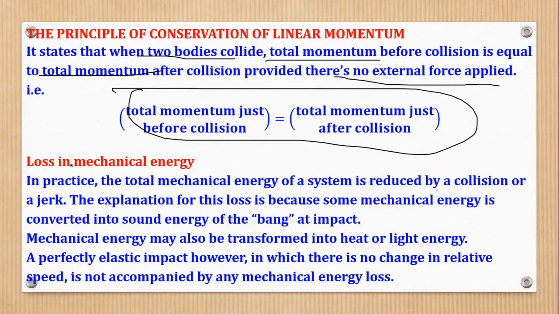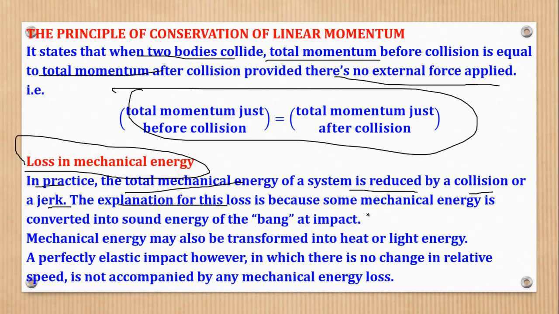During a collision, there is what we call loss in mechanical energy. In practice, the total mechanical energy of a system is reduced by a collision or a jerk. The explanation for this loss is that some mechanical energy is converted to the sound energy of the impact.